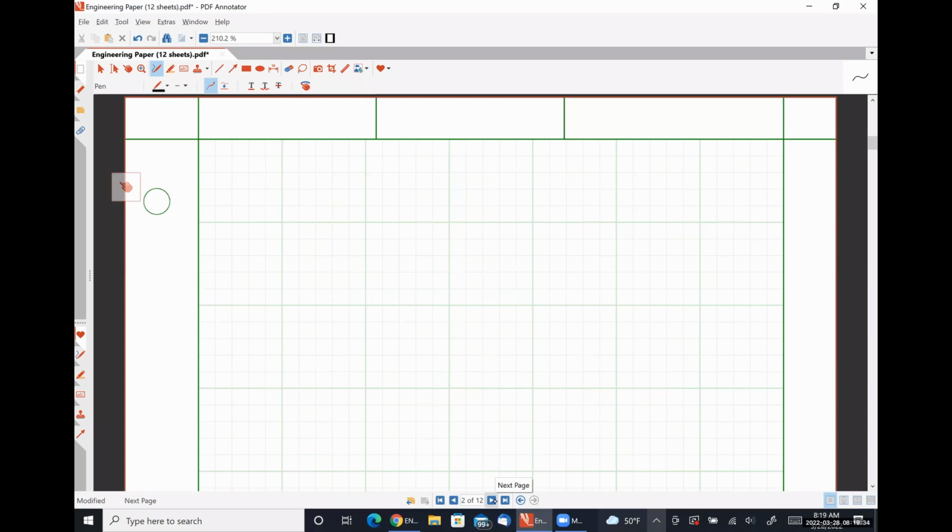So I want us to analyze a circuit. If I can find it. Here we go. So here's our circuit of interest.